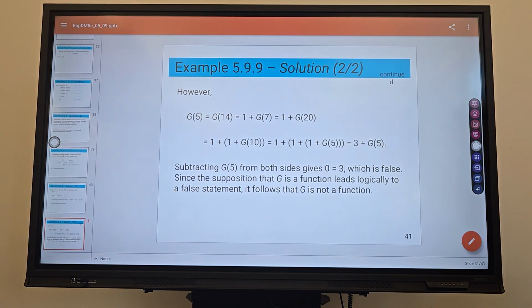Subtracting G of 5 from both sides gives us 0 equals 3, which is false. Since the supposition that G is a function leads logically to a false statement, it follows that G is not a function.